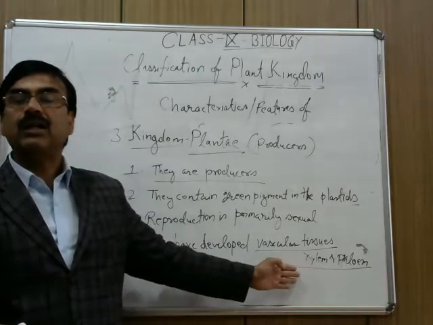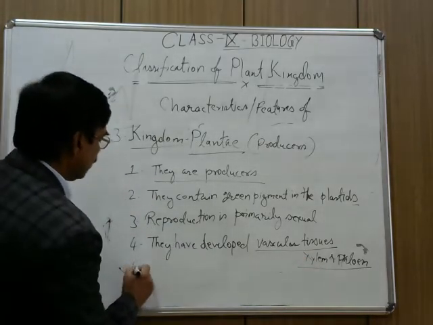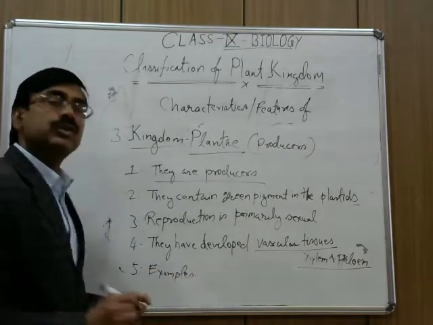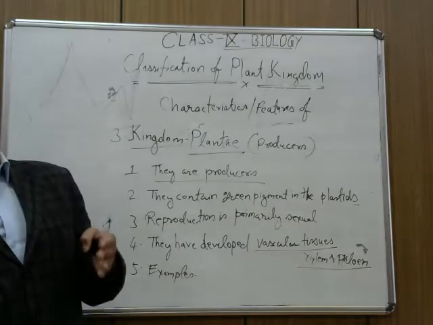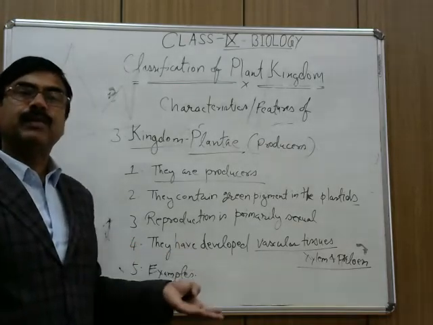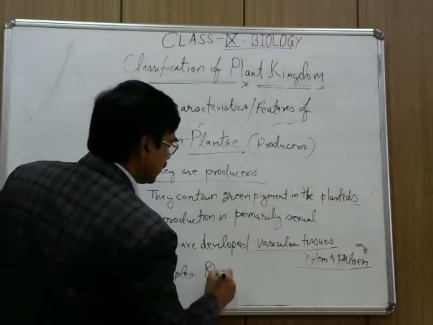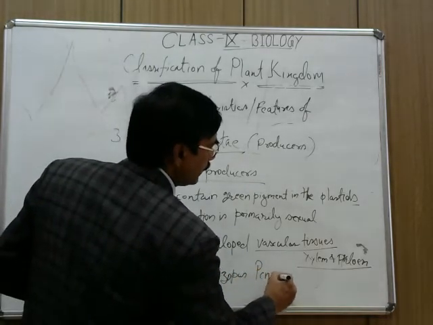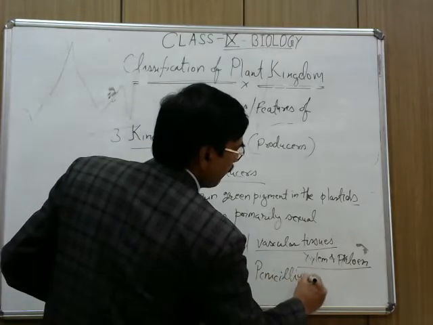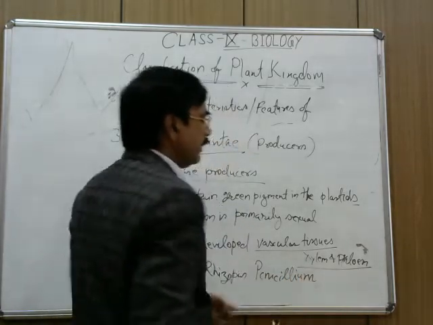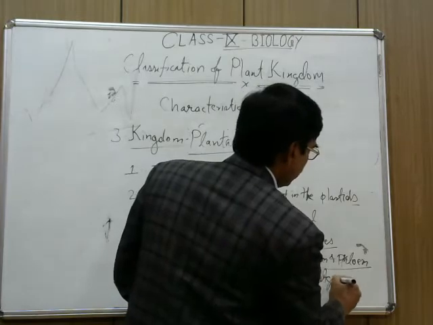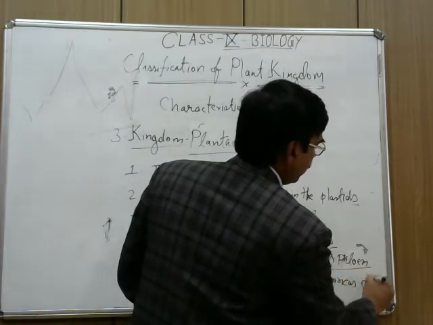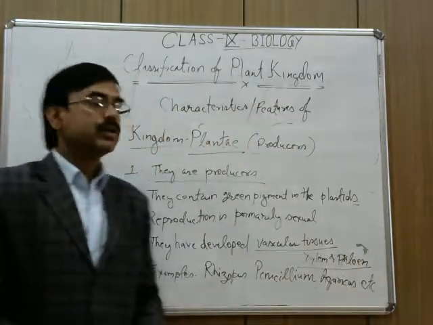And the last, you can write examples. Any example you can write: Rhizopus, penicillium, agaricus, etc. So these are the characters.